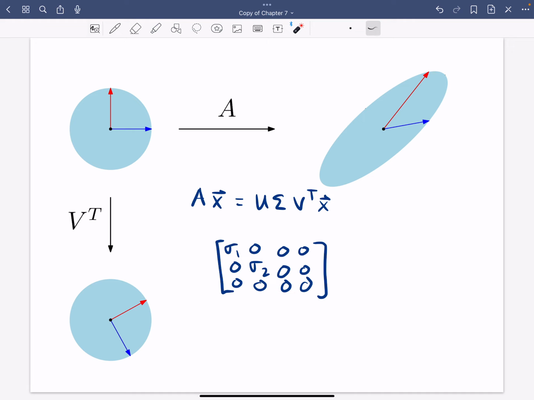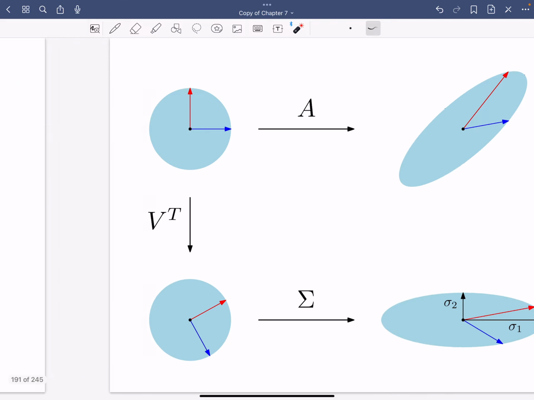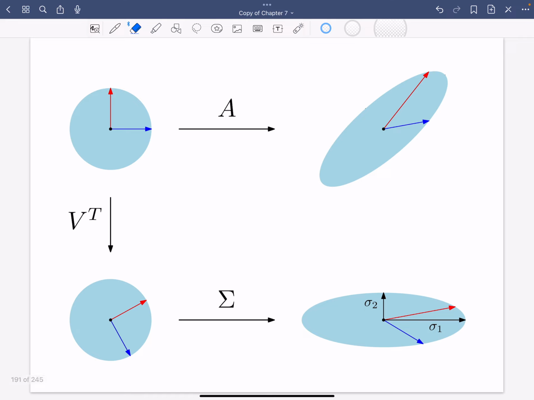Okay? And so what happens with this second step when we multiply by sigma is we are taking the coordinate directions, so like the x and y directions, and we're rescaling them. Okay, maybe making them longer, making them shorter, whatever. But in those main coordinate directions, we're doing some rescaling of some form.